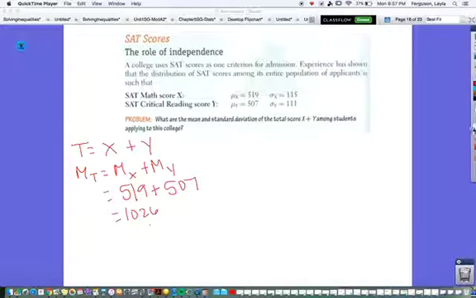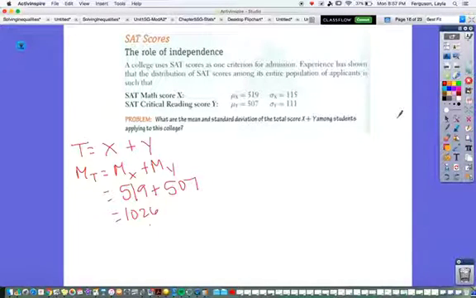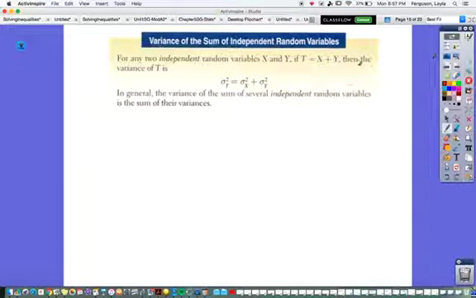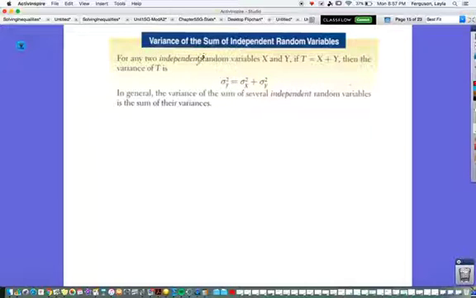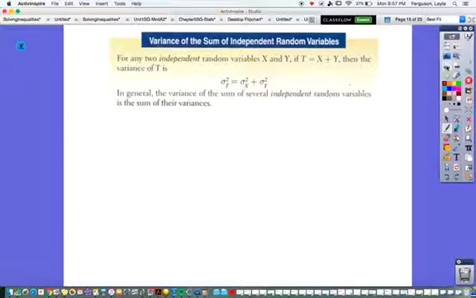It also asks us to find the standard deviation. It is important, though, to remember what we said about the standard deviation, and that's for any two independent random variables, x and y, we would add up their variances together.